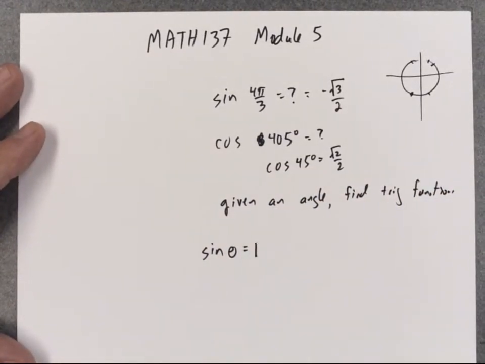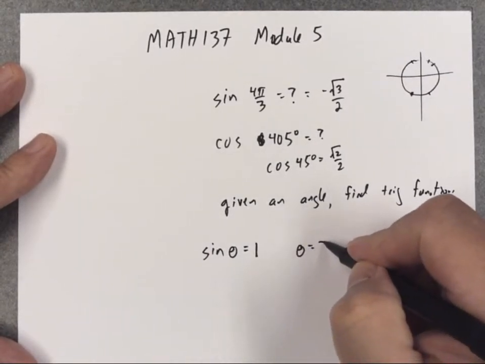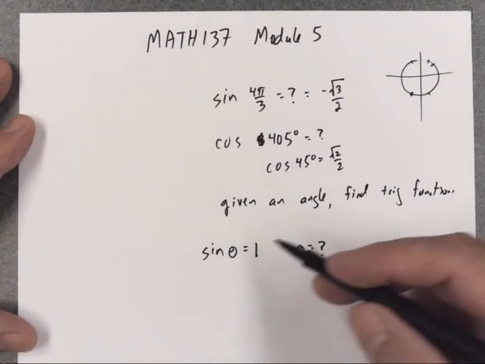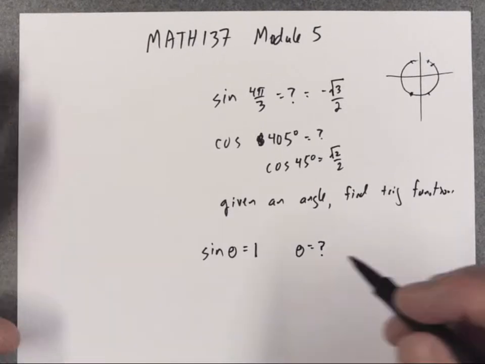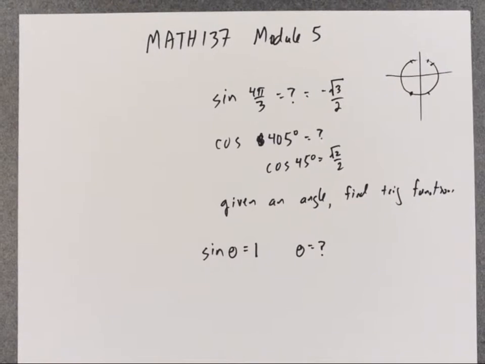This is almost like an equation. The sine of theta equals 1. I want to solve for theta. So now we're given a number, and we have to go back and find the angle that, when you take the sine of that angle, produces the number 1.